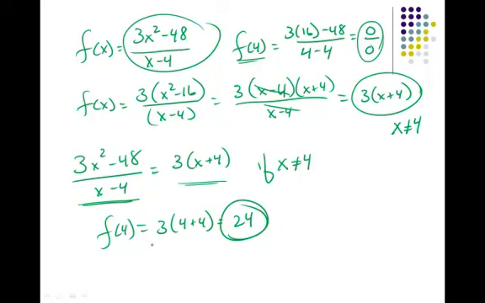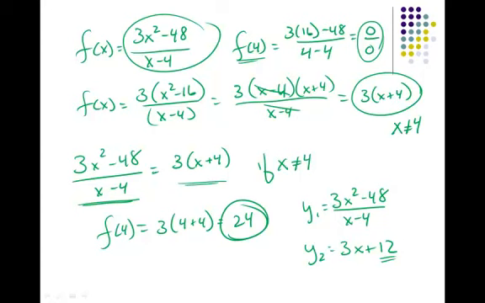Take a moment and pull out your graphing calculator and put into y sub 1 the expression 3x squared minus 48 over x minus 4 and graph it. You'll see that you will get the exact same graph, and you might have to adjust your window, because this is a line with a y-intercept of 12.